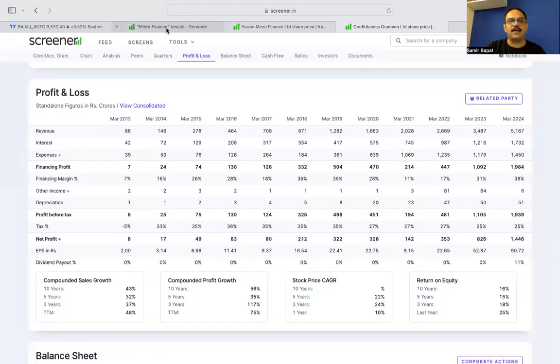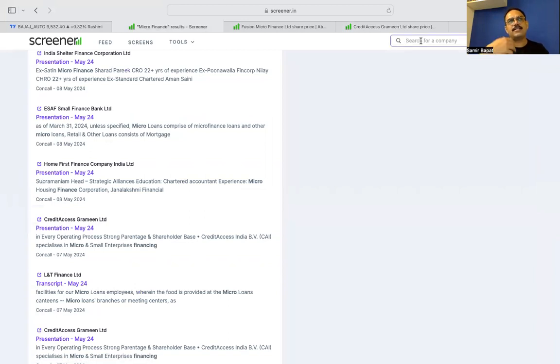Let's say IREDA is a financing company. So it gives loans to people, loans to the renewable energy companies. So if I want to put up solar panels and all, I might take a loan from IREDA. If I'm taking a loan from IREDA, I might mention it in my books also that, okay, I took a loan from IREDA.